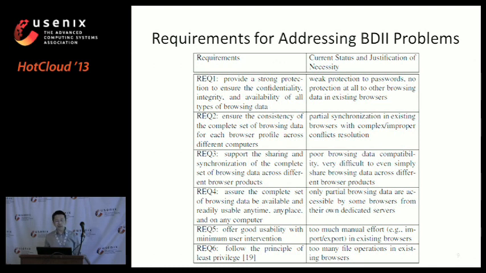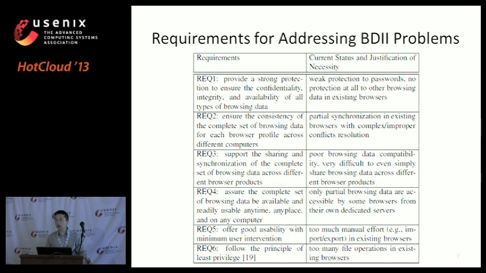The second one is to ensure the consistency of the complete set of browsing data for each browser profile across different computers. As we mentioned, existing Firefox and Google Chrome can introduce consistency conflicts, and when they resolve the conflicts, they use different policies.